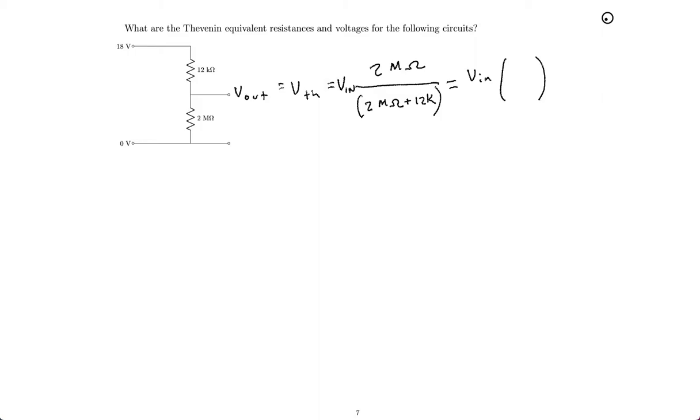My calculator out, that's 2 mega ohm divided by 2 mega ohm plus 12 kilo ohm.